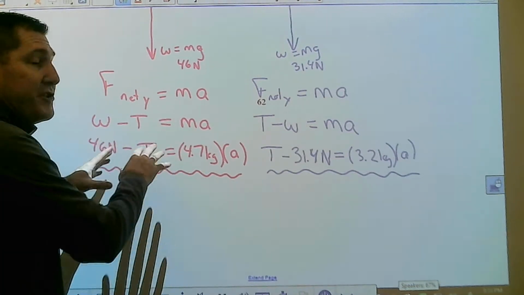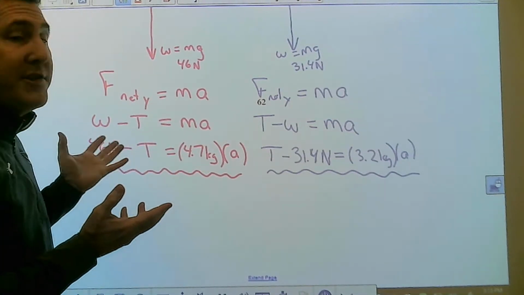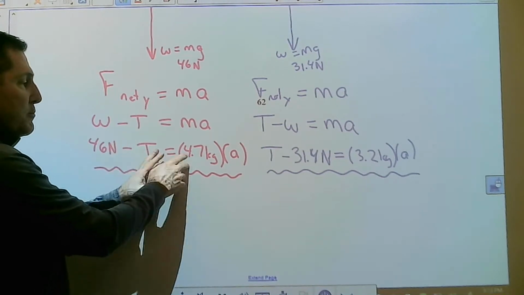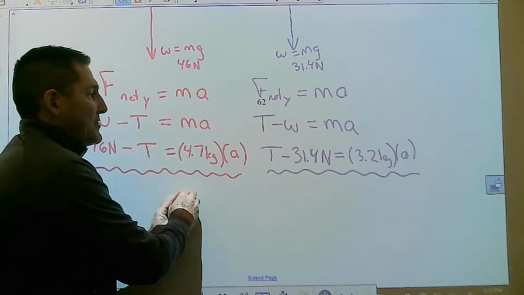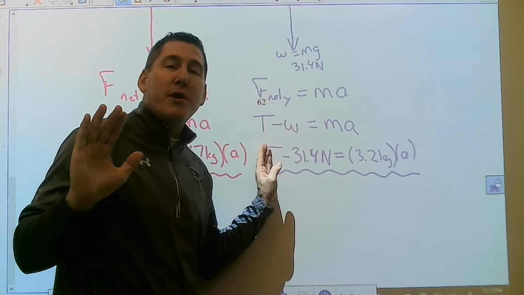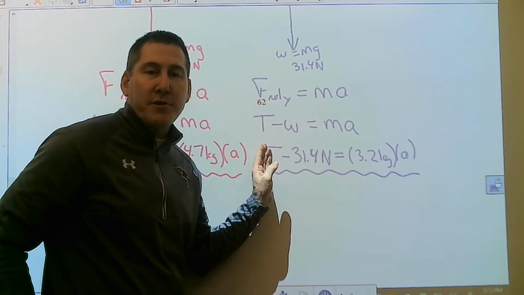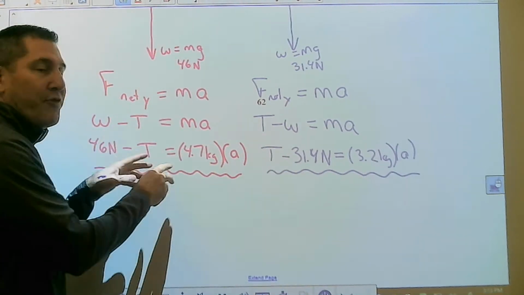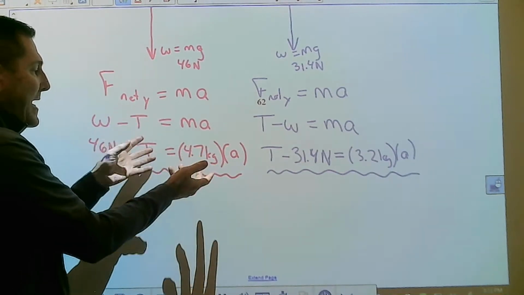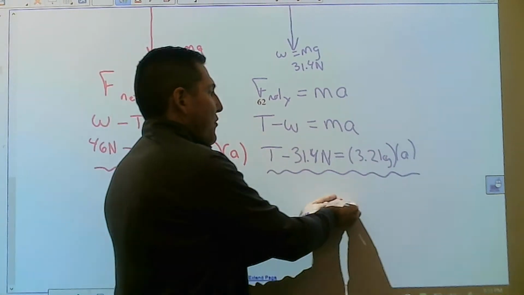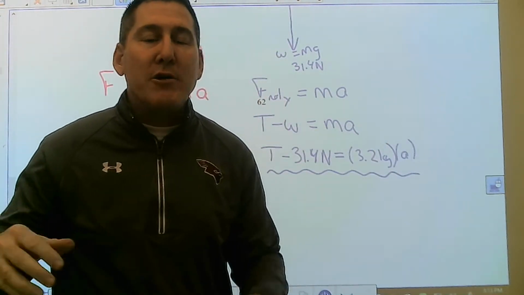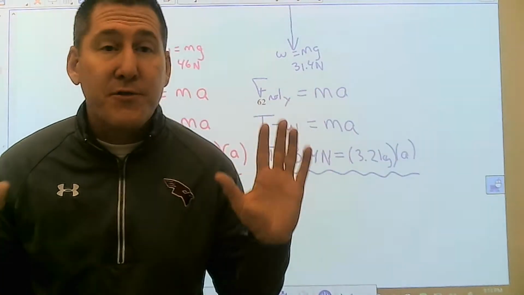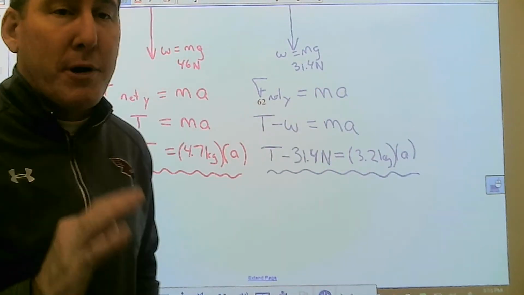I can take one of these equations and rearrange it for, say, T. So T equals blah, blah, blah. Take blah, blah, blah, stick it in for T, substitute, get rid of T, and I can solve the acceleration. Or I can take one of the equations and solve for a. A equals yada, yada, yada. Take yada, yada, yada, stick it in for a, substitute it out, and solve for T. And those will work just fine and get you the correct answers, no problem.